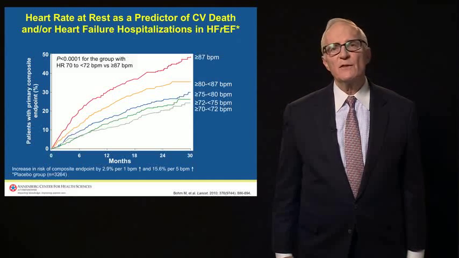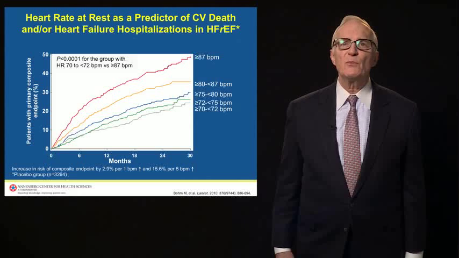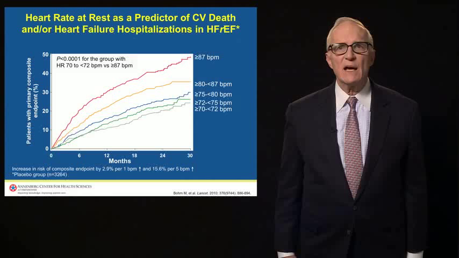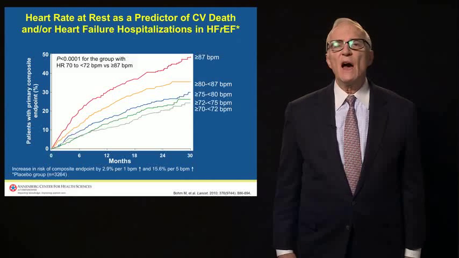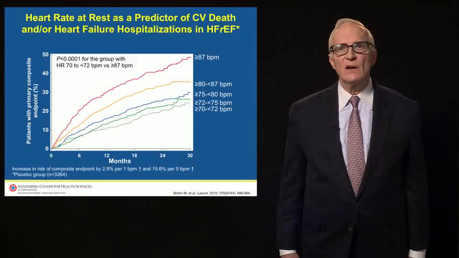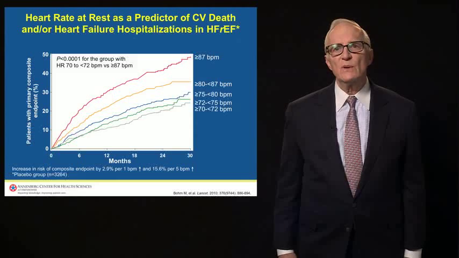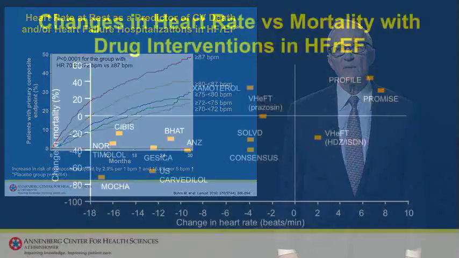And it was clear from the outcome that outcomes worsened as heart rate increased and worsened in a stepwise fashion. The lowest heart rate quintile had a highly significantly different outcome, better, than the highest quintile based on heart rate. And for each quintile in between the lowest and the highest, as the heart rate increased, the outcomes worsened.